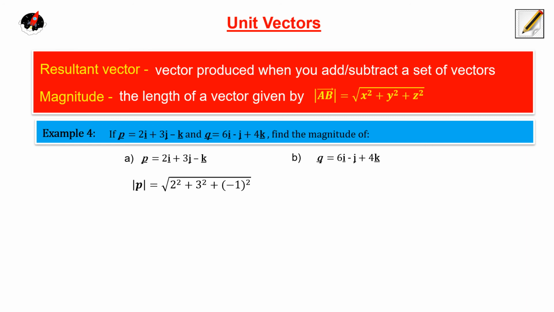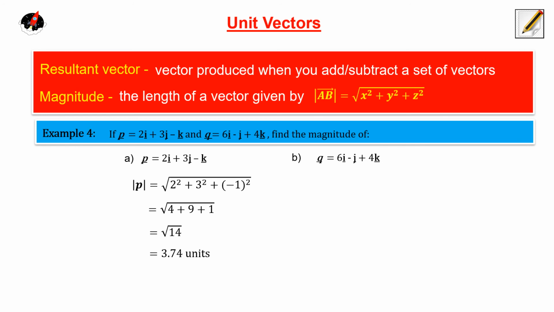And then we have negative k, so that means we would have negative 1 in the z direction, so we would have plus negative 1 squared. So here we can just write this as the square root of 2 squared plus 3 squared plus negative 1 squared. And working through that, we get the square root of 14, which is 3.74 units.